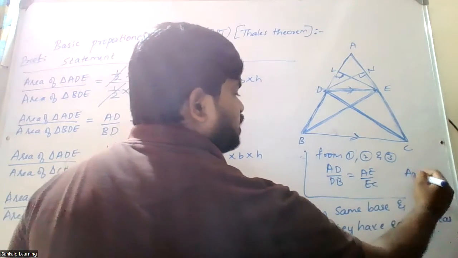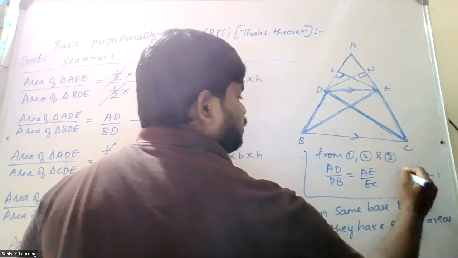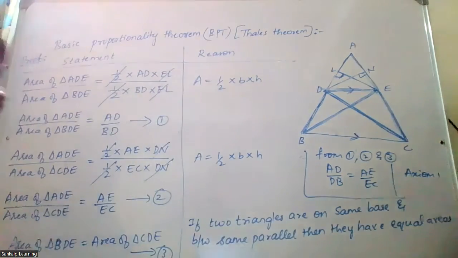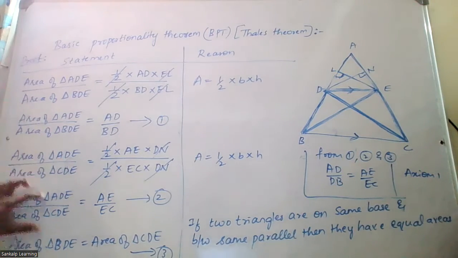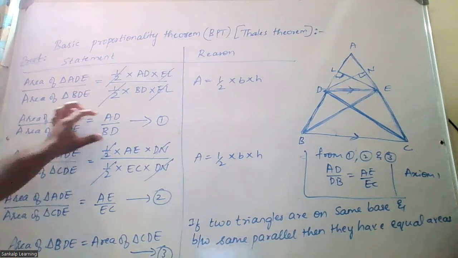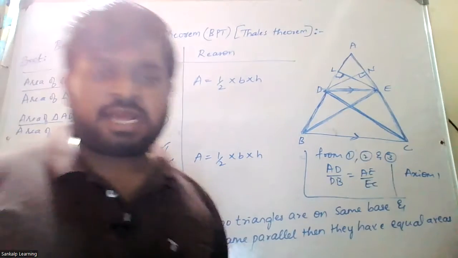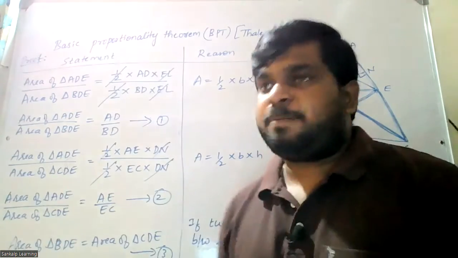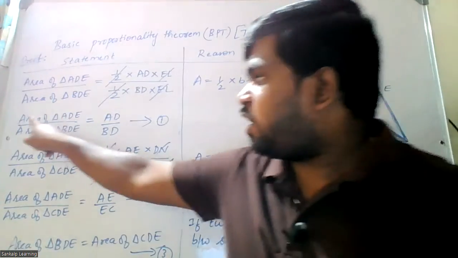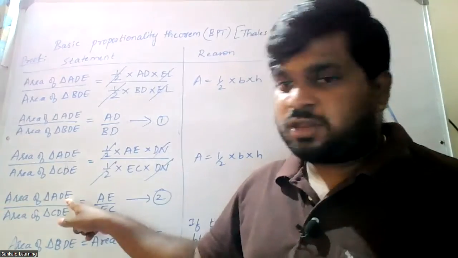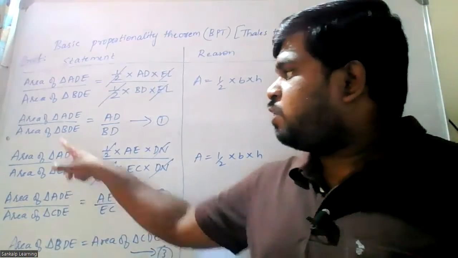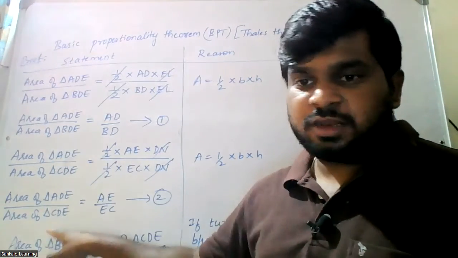What will be the reason for this? Axiom 1 will be the reason. Why? Because these two things are equal, therefore these two things will become equal. Things equal to the same thing are equal to one another. That's axiom 1. If you observe properly, in the numerator here we have AD itself, and here also in the numerator we have AD itself. The only things that are different are the denominators.